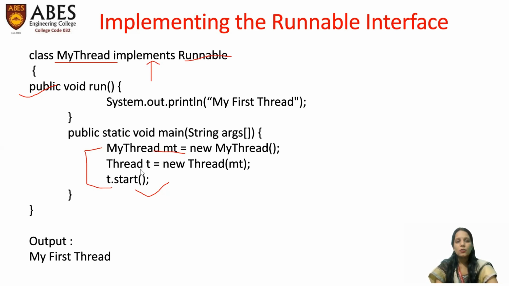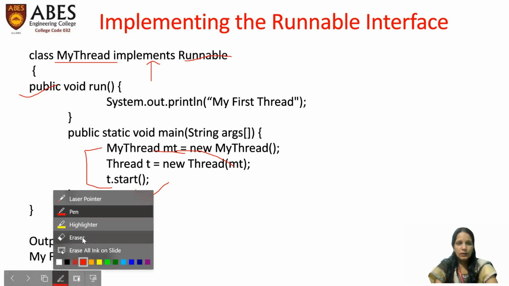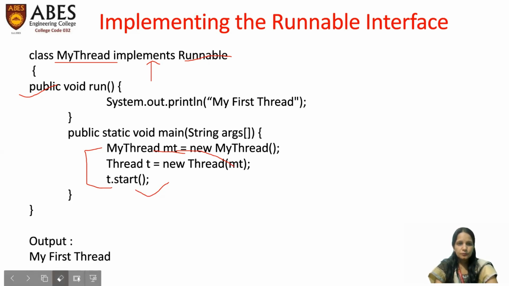In that case, what you have to do is first create the object of the Thread class, and within that object you must pass the object of your class, right? So now just see this example. In this case, first of all, we have created MyThread obj equal to new MyThread.